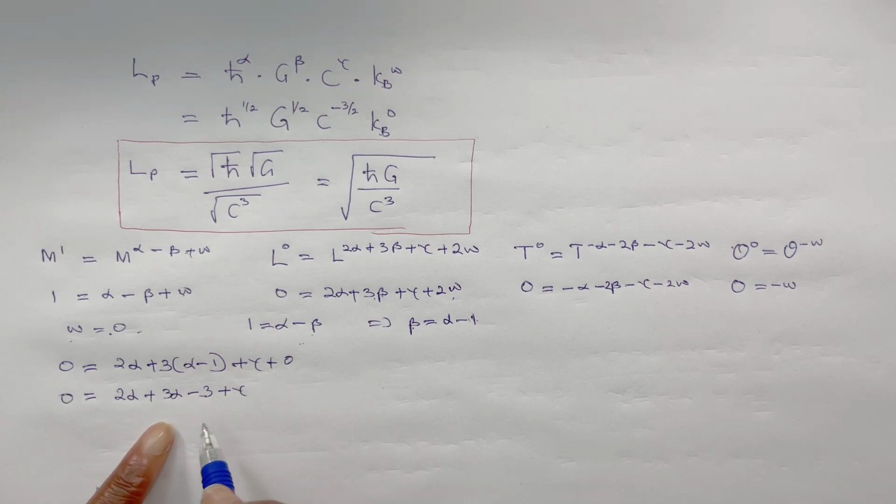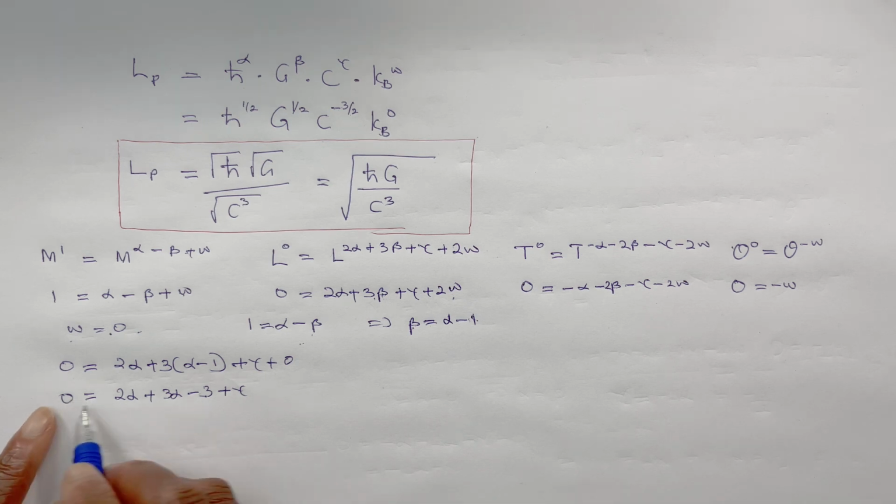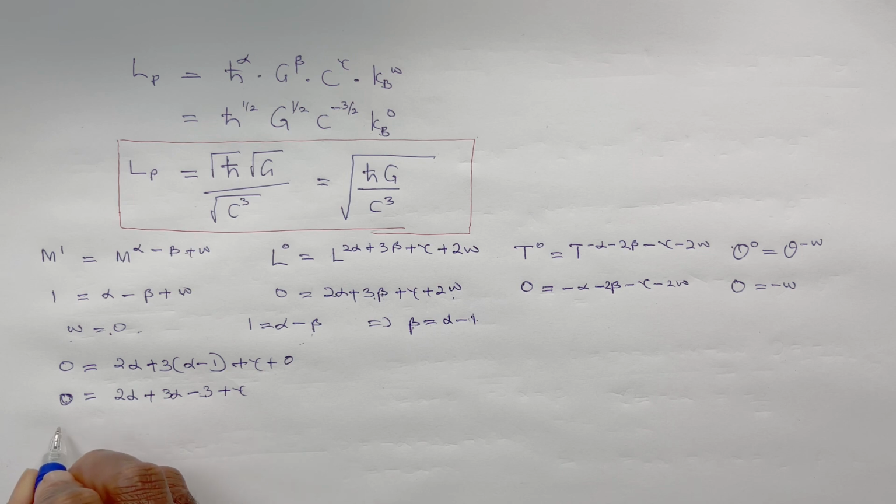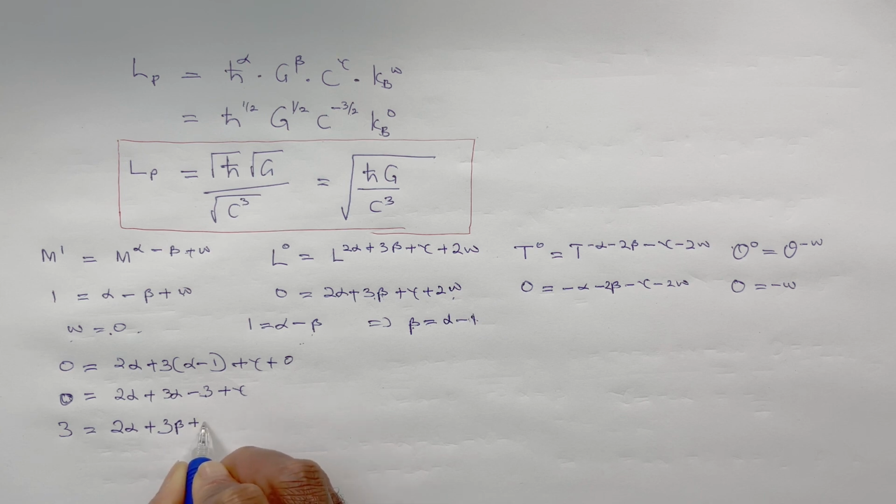I need to take minus 3 to the other side, and that will be 3 equals 2 alpha plus 3 alpha plus gamma. But that is actually 5 alpha plus gamma equals 3.